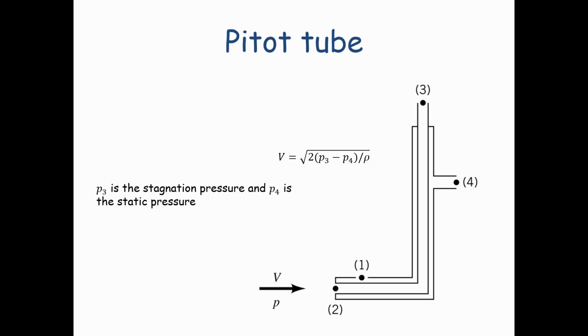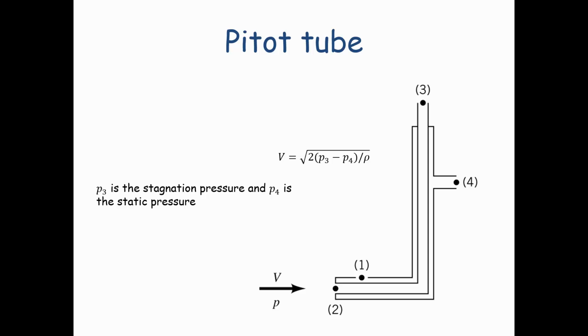The purpose of a Pitot tube is to be able to calculate the velocity of the fluid. So what you can do is take a tube like this, set it in a free stream velocity fluid, a free-flowing fluid.